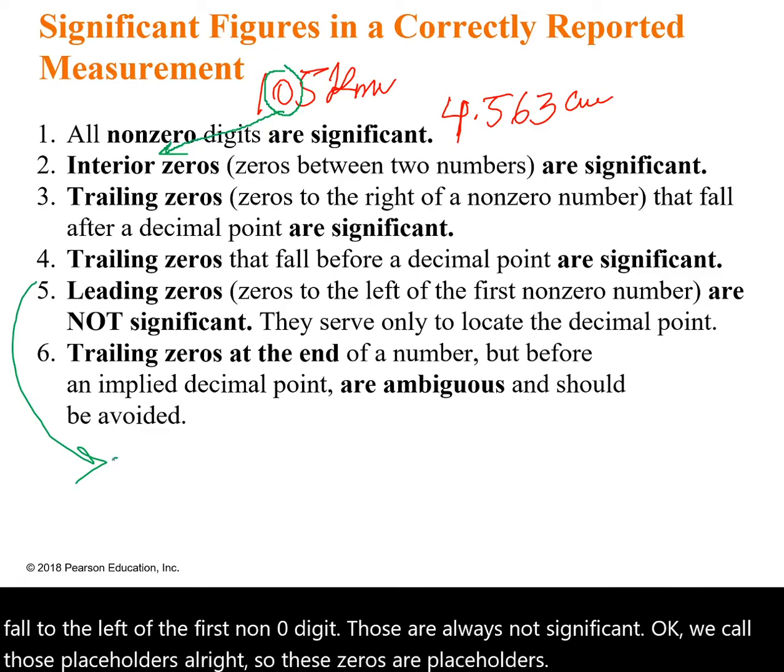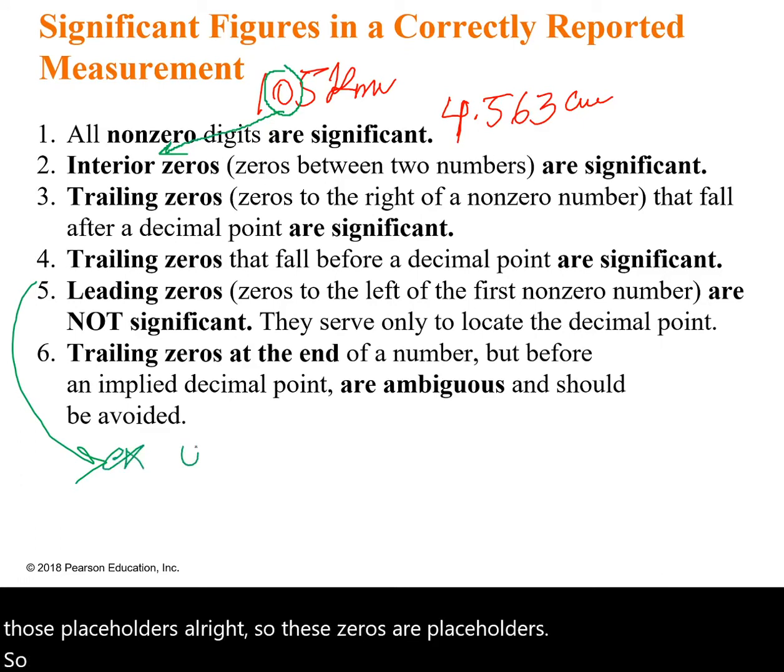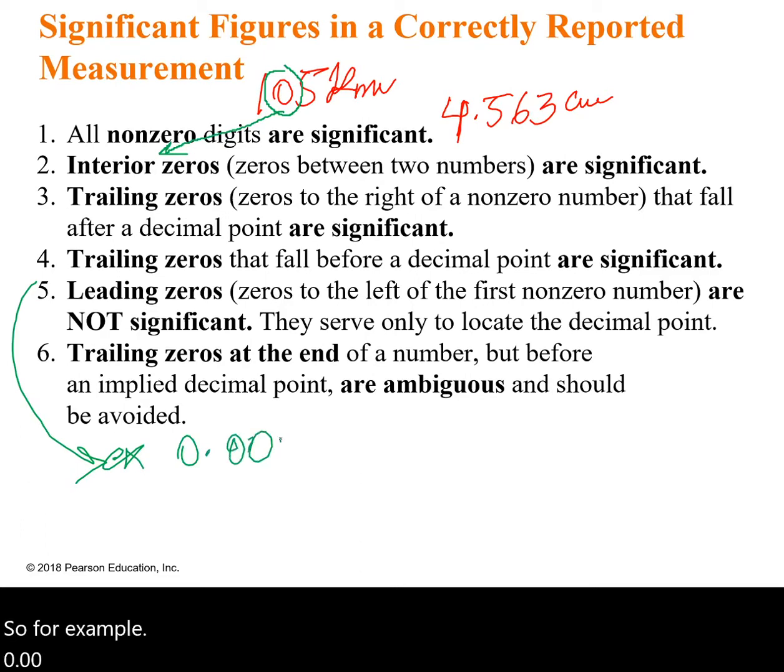So for example, 0.000 4563 times 10 to the power of 2. I'm going to represent this value in the same way.